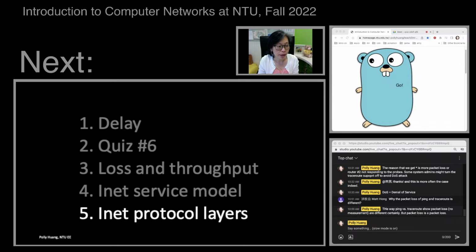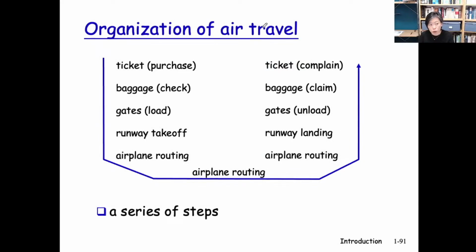Great. So next I'm going to give you an example. Not the internet, but another communication or transportation system that also uses a similar layered structure. Let me use an analogy, air travel, to show you that it's important to have some sort of organization, some sort of architecture, to make sure a complex system works seamlessly.